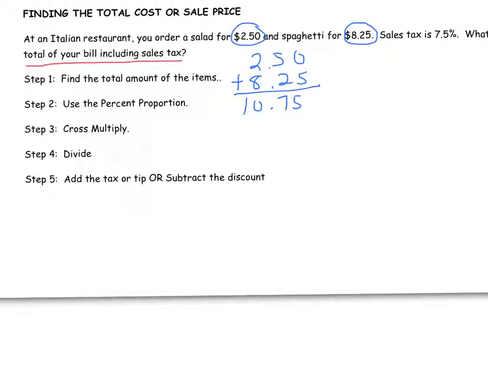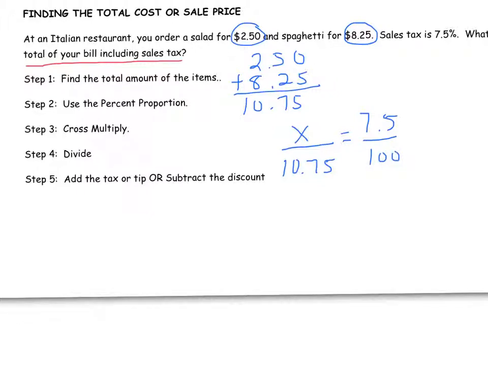I have to find what part of that is going to be sales tax. So once again, I'm going to go ahead and use the percent proportion. So I'm going to put X, I don't know the tip, over the total amount of my order at the restaurant, which was $10.75. Sales tax is 7.5% over 100.